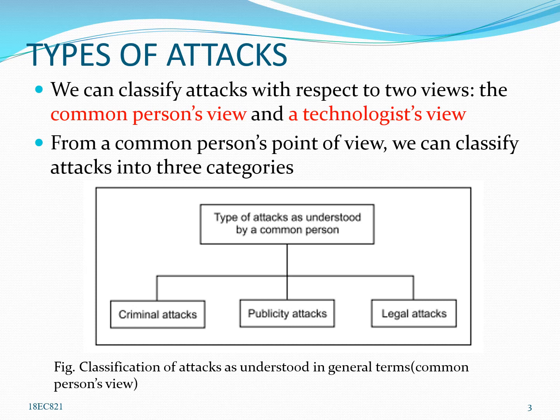In the common person's view, we classify them as criminal attacks, publicity attacks, and legal attacks. That means there will be three types based on the common person's view. What is meant by criminal attacks?